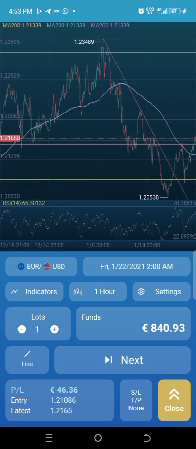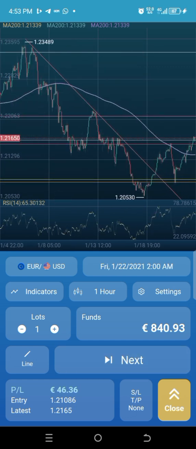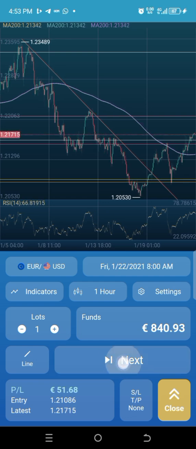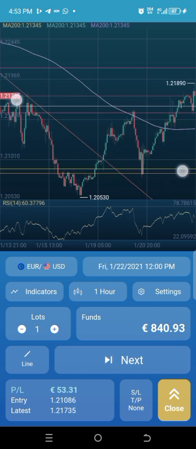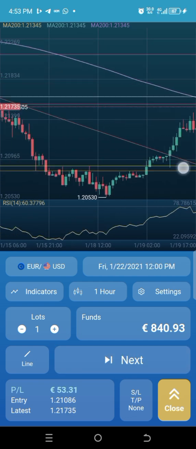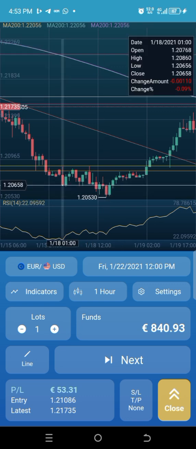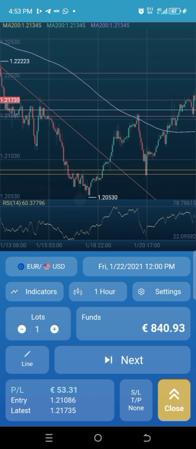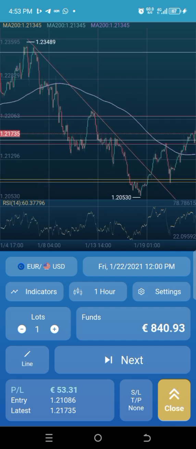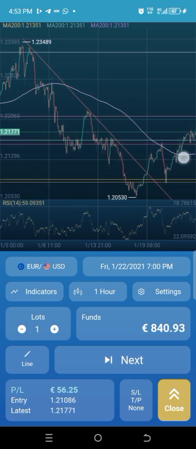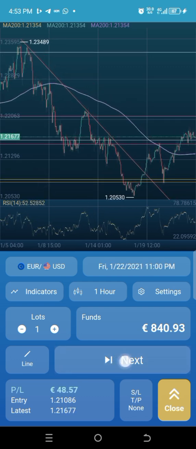Our targets are up here. Let's wait. Remember, there is divergence, right? This is not an oversold area, but this is an oversold area, so there's some form of divergence. Let's wait and see. Price may actually go against me, but let's wait.